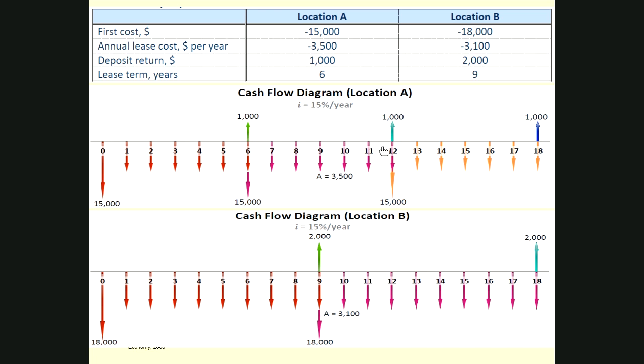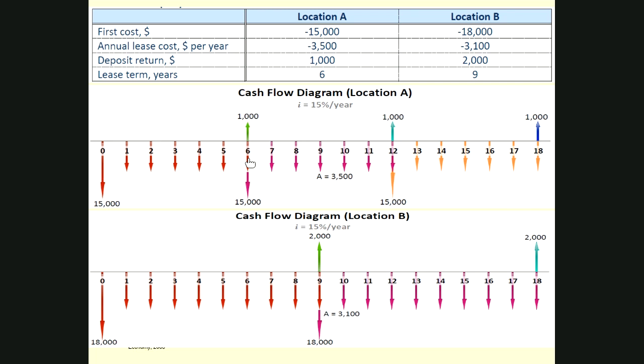Note that some values are tricky, so you have to pay attention to them. The first cost, applied on year 0, in the second cycle that starts on year 6 until 12, is placed on year 6, because now year 6 is considered the beginning of the second cycle.